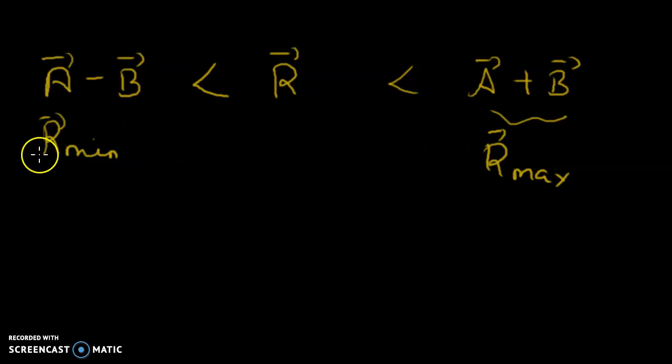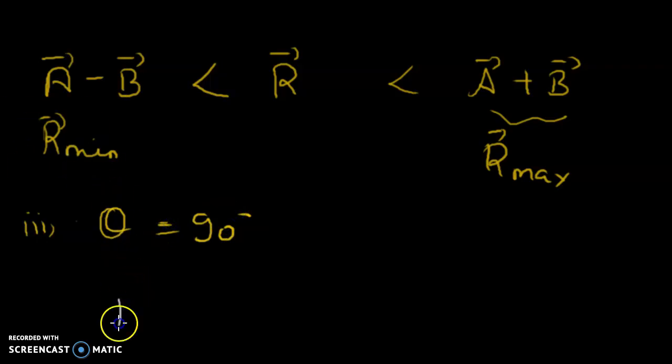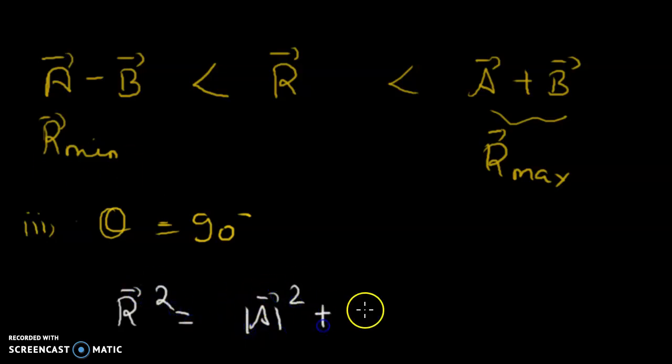And the third case, if theta is equivalent to 90 degrees, cos 90 would be 0, so r square would be only a square plus b square.